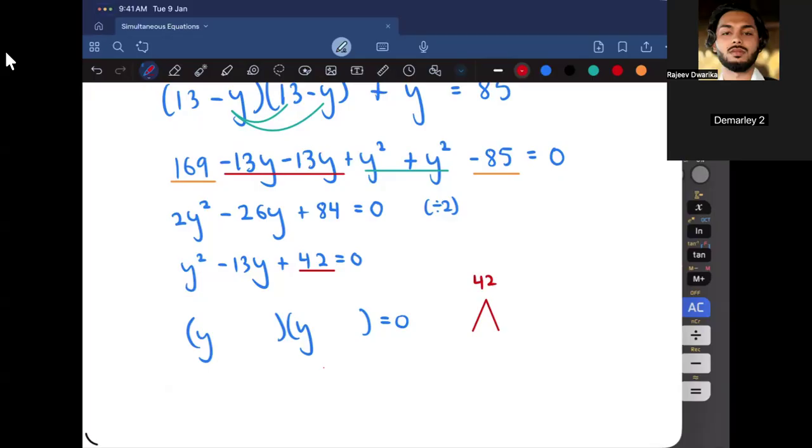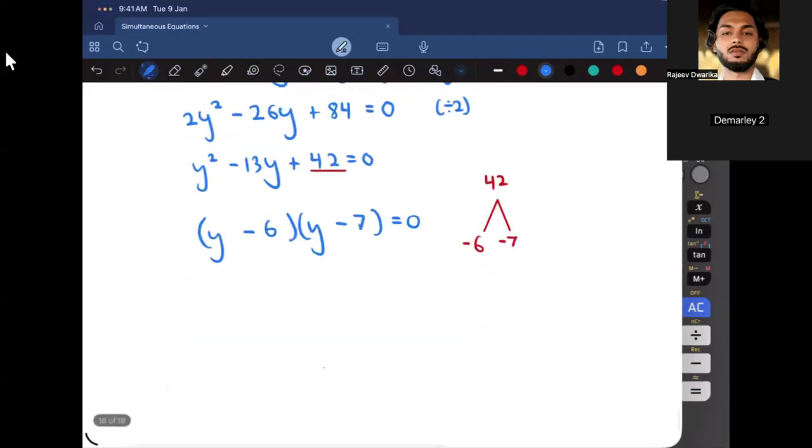Yep. But 6 and 7 would give you positive 13, so we think it should be negative 6 and negative 7. Right. Because negative 6 by negative 7 is positive 42, and negative 6 minus 7 is also negative 13.